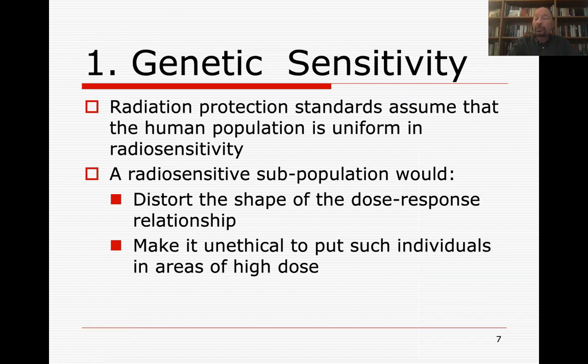So radiation protection standards assume that the human population is uniform in radiosensitivity. Now, this is a problem. If there is a radiosensitive subpopulation, this will distort the shape of the dose-response relationship and make it unethical to put such individuals in the area of high dose.